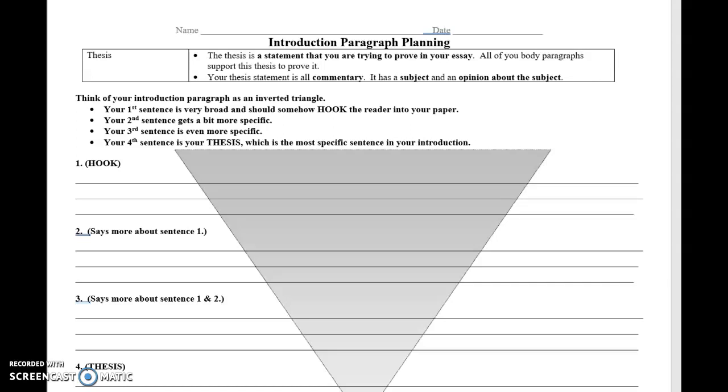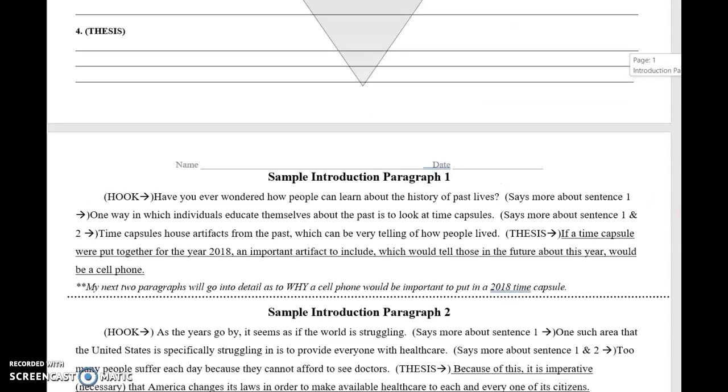The second sentence narrows down. The third narrows it even more, and it's getting close to the fourth sentence, which is your thesis. This is called an inverted triangle introduction because the first sentence is the broadest and your thesis is the most narrow in there. Let's look at some examples.